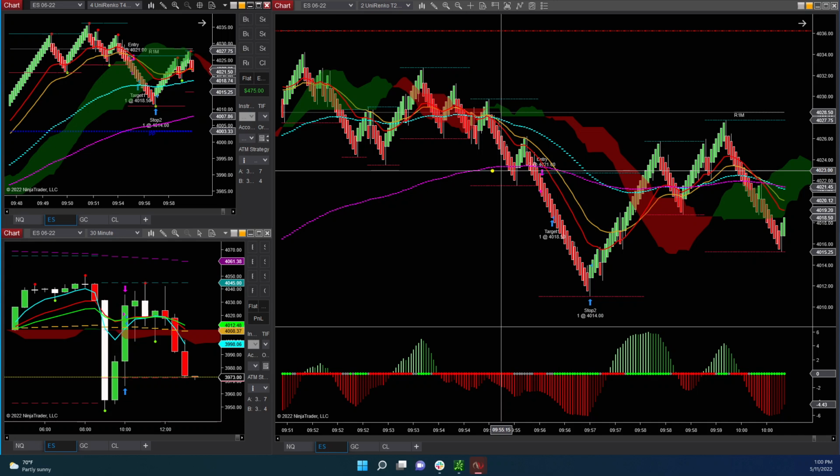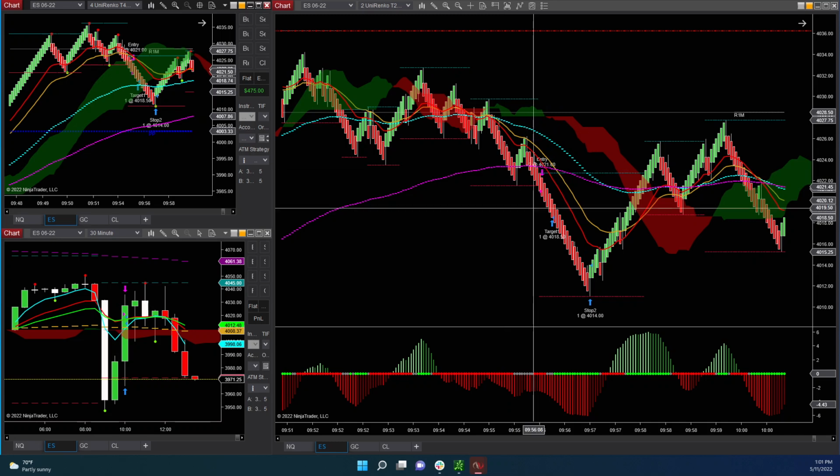The 200 started to go horizontal, but the other moving averages, the 89, the 34, and the 21, were moving down, and they were opening. So I took the trade when it crossed that. I didn't want to take the trade immediately before it crossed, but I did take it on the break of that wick you see right there.